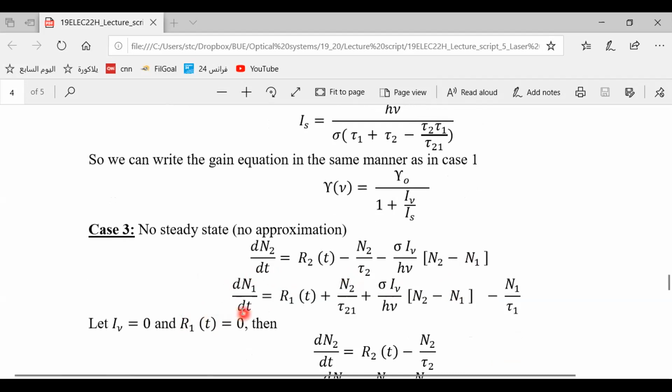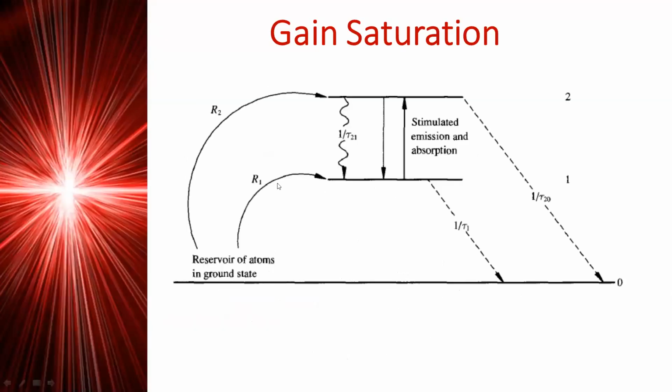Why is this a logical assumption? Let's try to know why. Okay, I will return back to the slides. R1 is the rate of injection from 0 to 1.